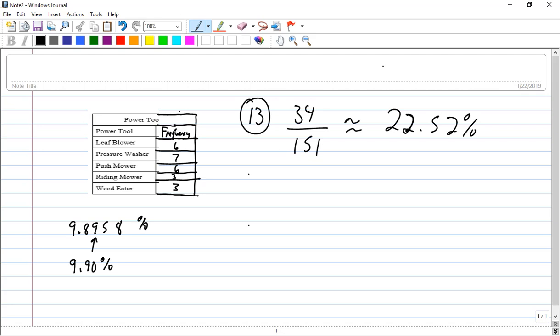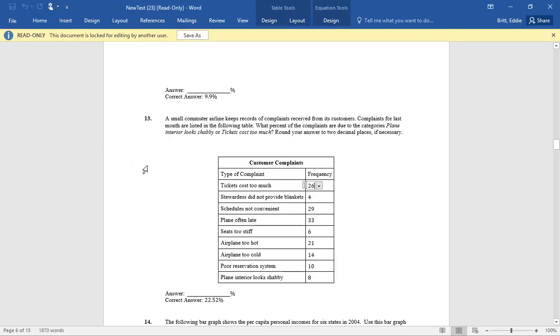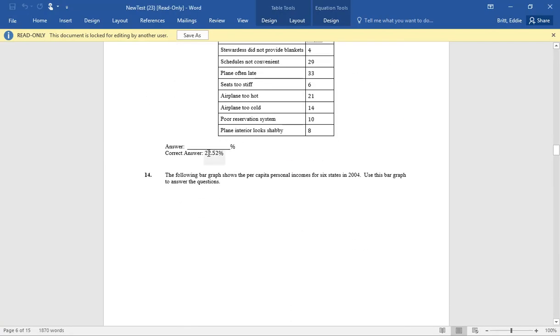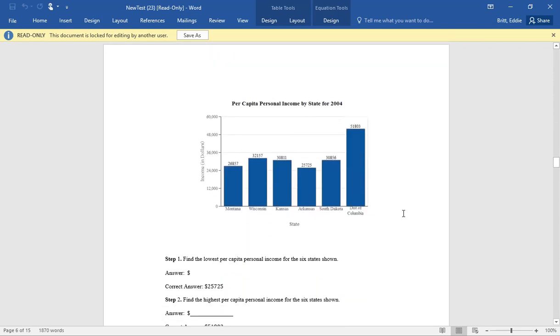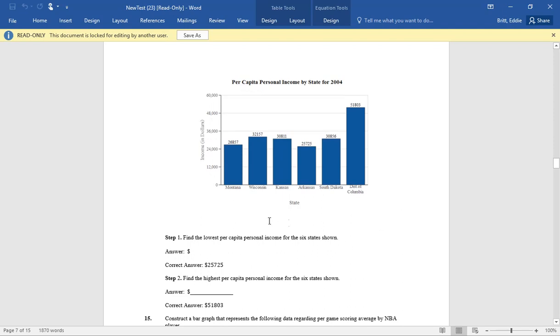All right. Number 14. The following bar graph shows the per capita personal income for 6 states in 2004. Use this bar graph to answer the questions. All right, find the lowest per capita personal income for the 6 states shown.